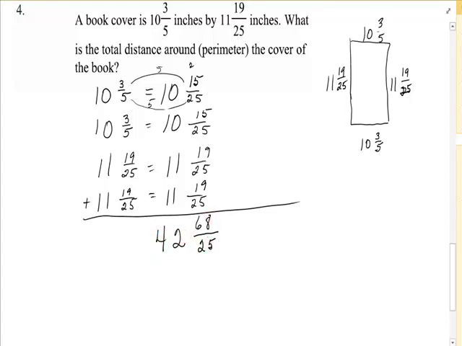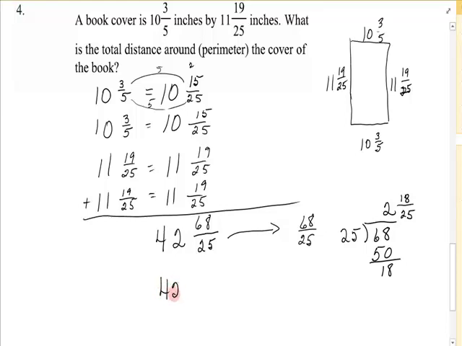42 and 68 25ths. I have to take that improper fraction of 68 25ths and divide 25 into 68, it's going to go 2 times. 2 times 25 is 50 with an 18 remainder. So that is 18/25.